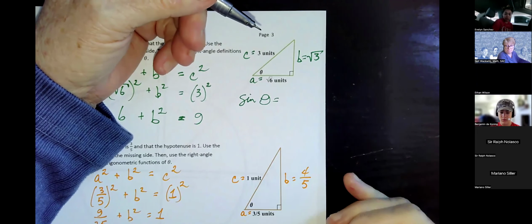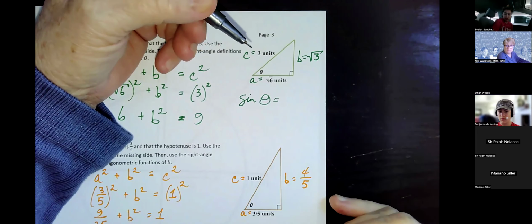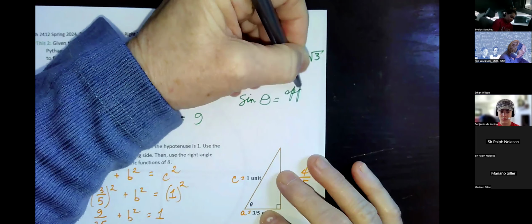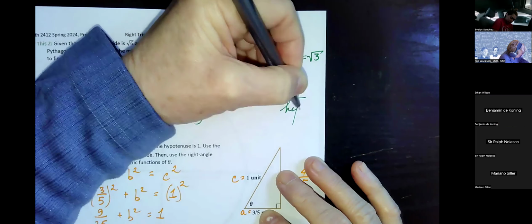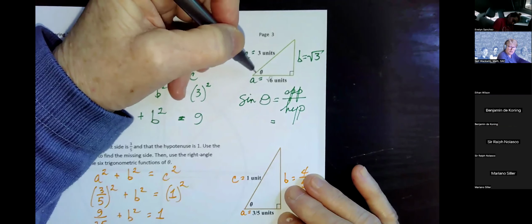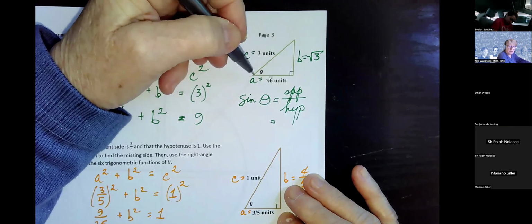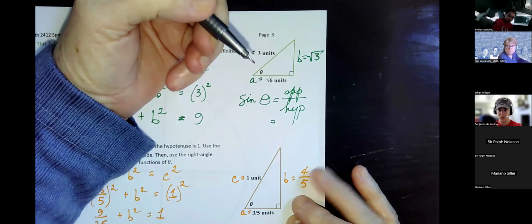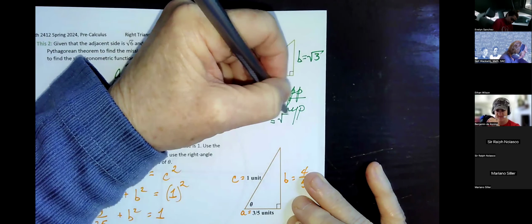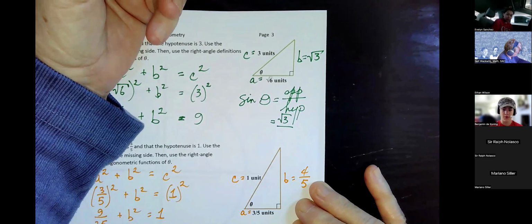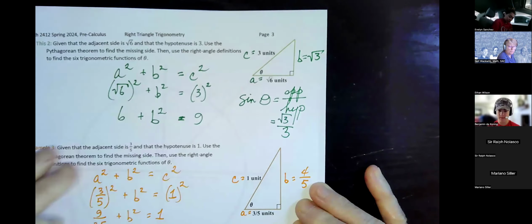What is the ratio? Opposite over hypotenuse. Good. And the side opposite associated with theta, so opposite, is square root of 3. Beautiful. And the hypotenuse, 3. Beautiful.